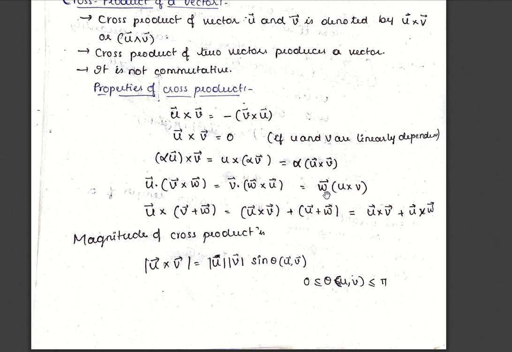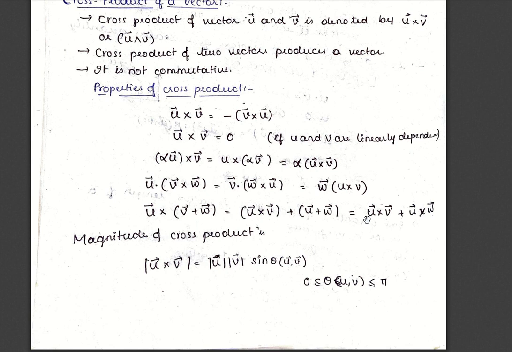So this is dot, I forgot to mention. u cross (v plus w) is equal to u cross v plus u cross w.